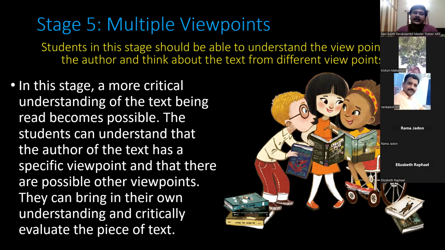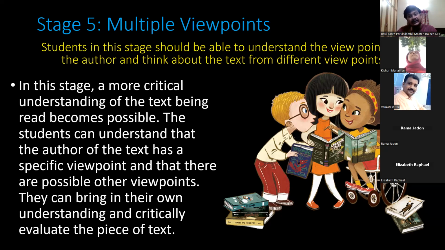The students can understand that the author of the text has a specific viewpoint and that there are possible other viewpoints. They not only understand that the author is trying to tell us something, but they also understand that there are several other meanings to what this author has written. There are many other viewpoints. They can bring in their own understanding and critically evaluate the piece of text.